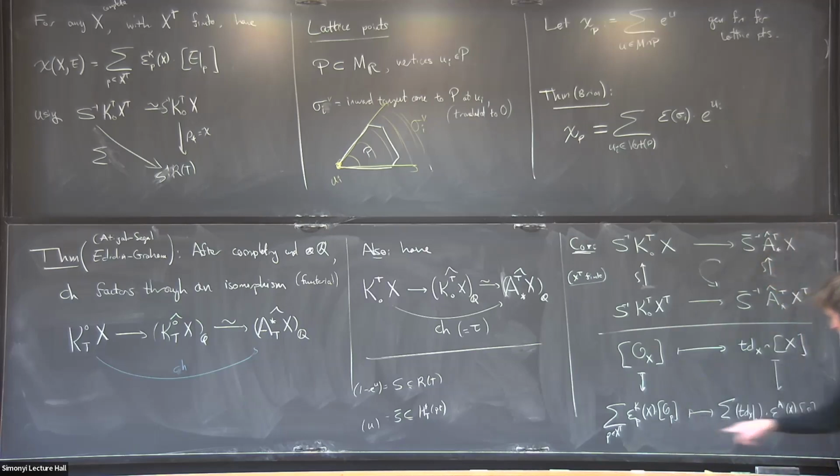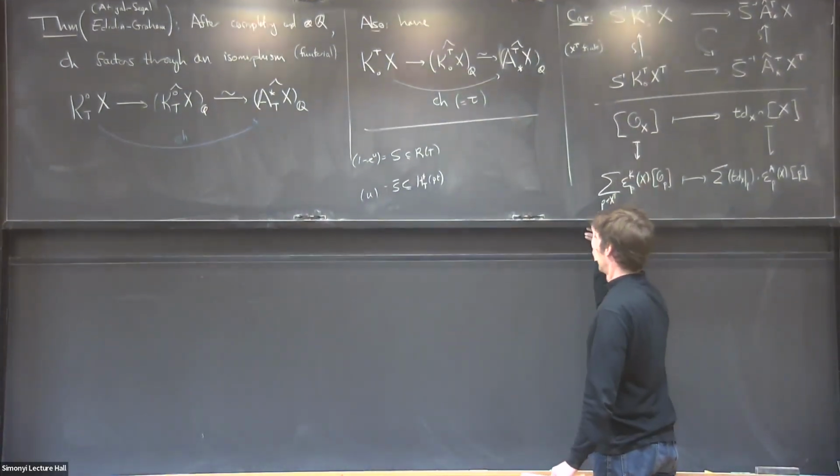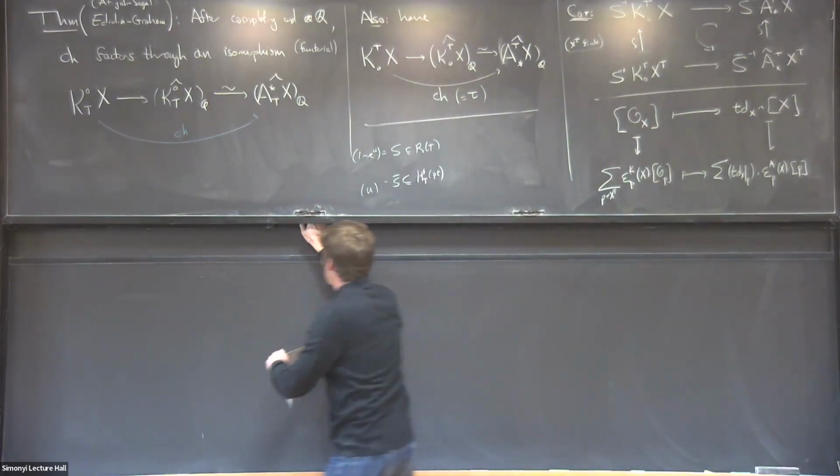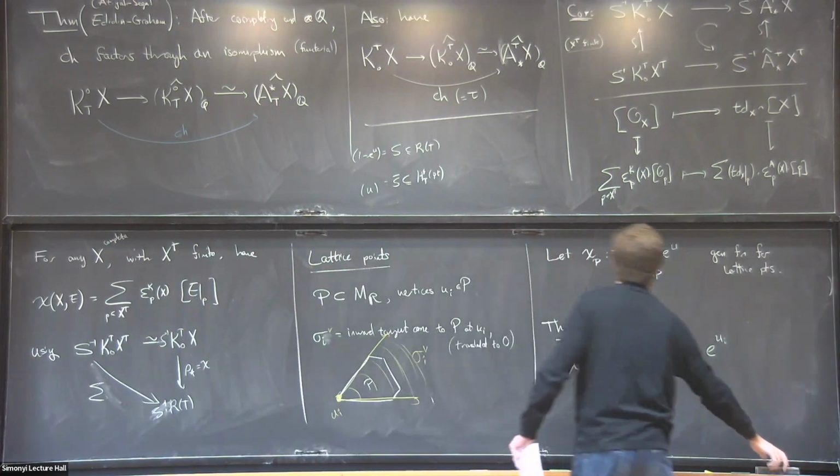And okay, the structure sheaf of the fixed point maps to the fixed point itself. There's nothing going on there. This is sort of your idempotent. And that means that you get this nice relation. Todd class.